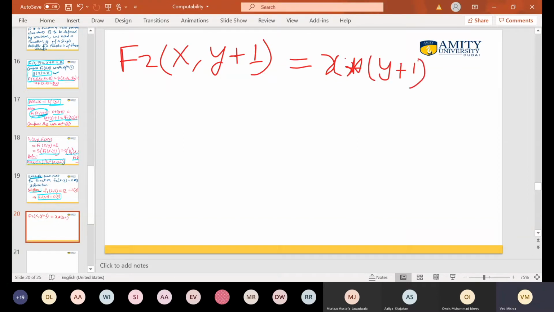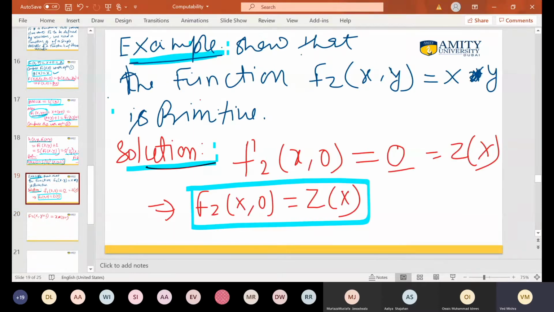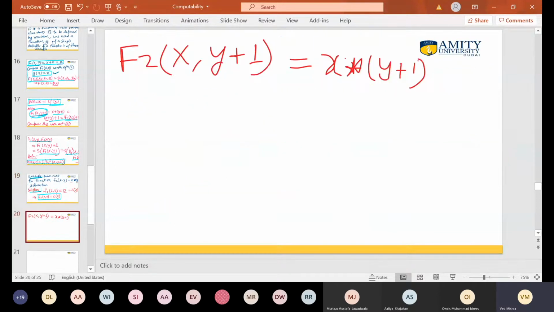Can you write this? At the place of x you wrote x, and at the place of y you wrote y plus 1. So can you write this or not? Any confusion?